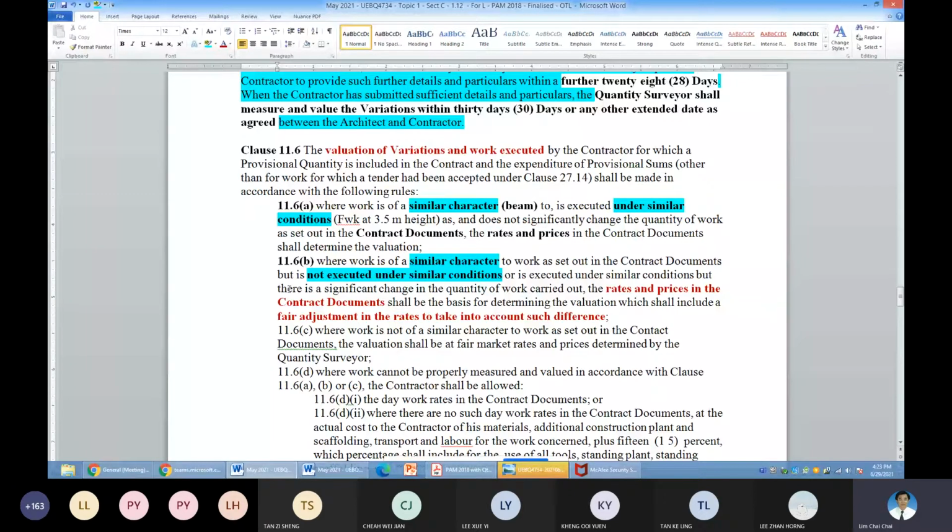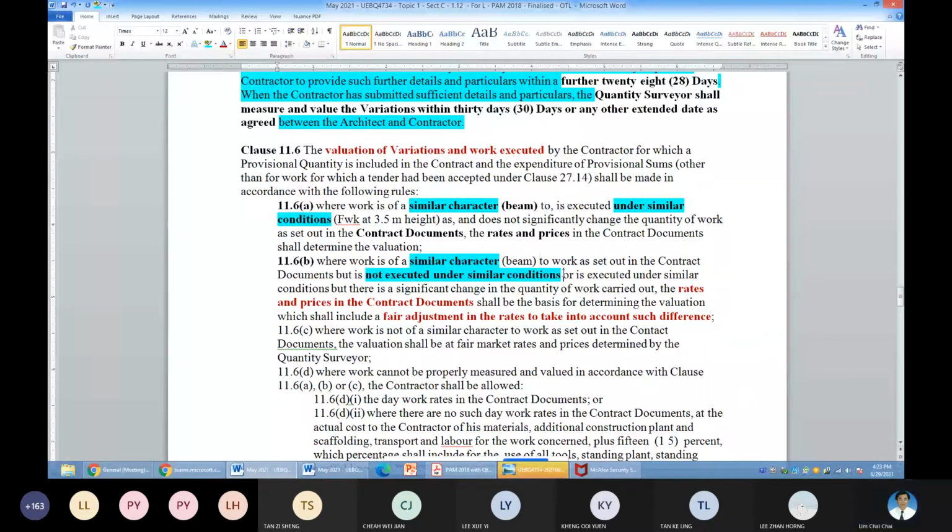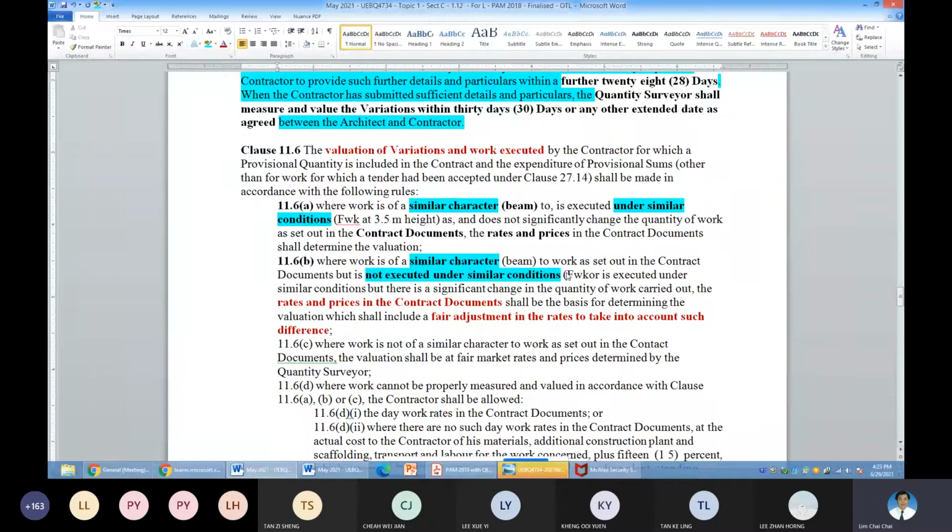Okay, so another example, similar character. Let's say it's asked to construct a beam in a different location. But now the condition here, I just say it's also formwork at 5.0 meter height. So you can see now, is it the same condition?